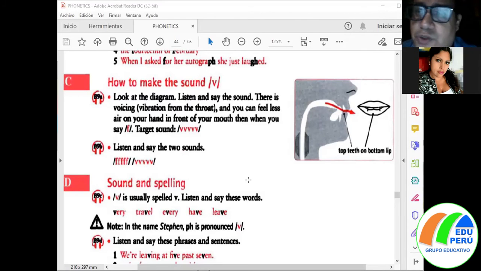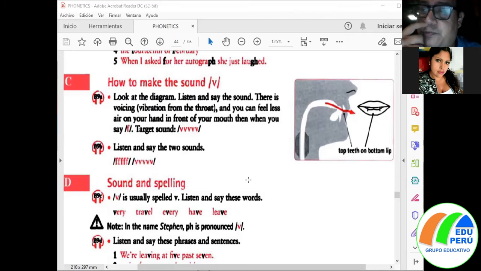But here we are going to do it in two ways. The first way in a separated way, and the second together. Notice, listen to me carefully, all right? This is in a separated way.